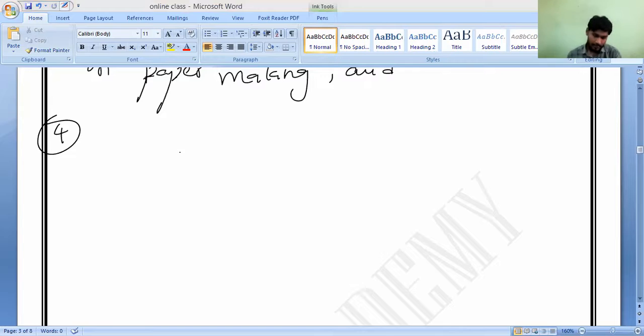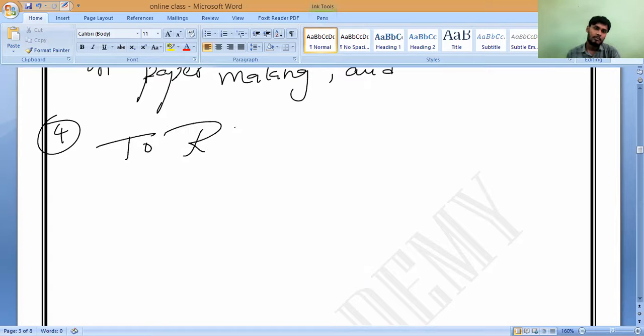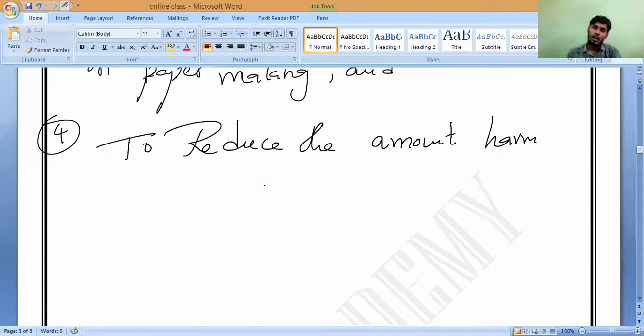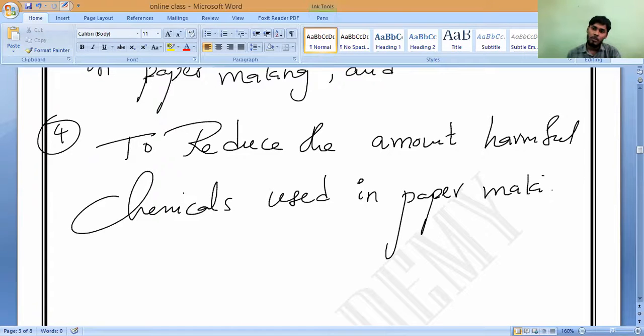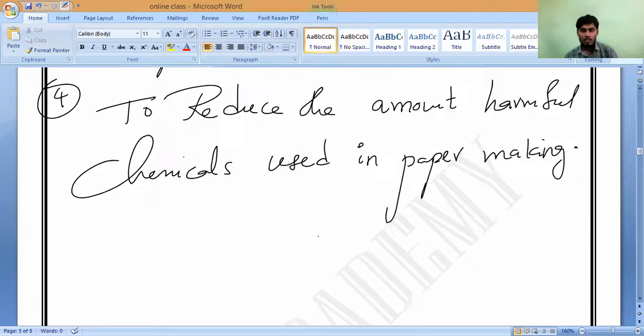To reduce the amount of harmful chemicals used in the manufacture of papers. Make it simple. Don't go for complicated statements. Okay. Paper making. So this is all about it.